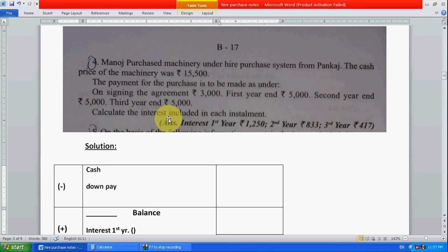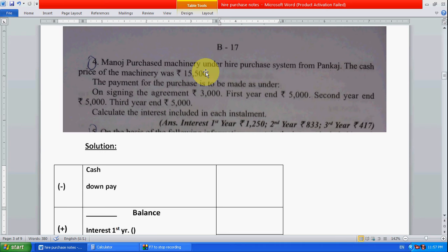If you are paying 5,000, 5,000, 5,000, that is 15,000, plus 3,000, the total overall is 18,000. The price of the machine was only 15,500, which means the overall interest we have paid is 2,500, the extra amount. So we have to find this 2,500 that is included as interest.